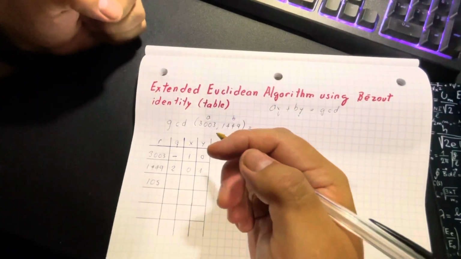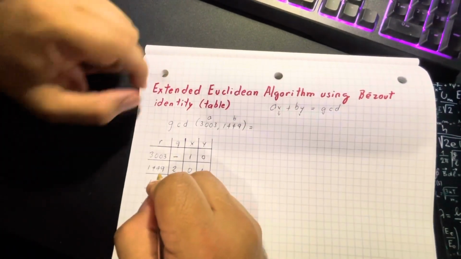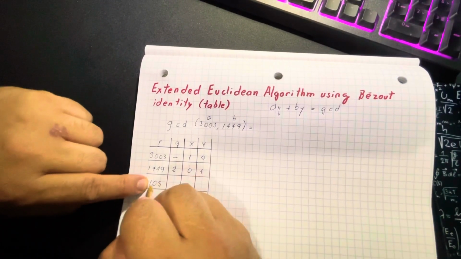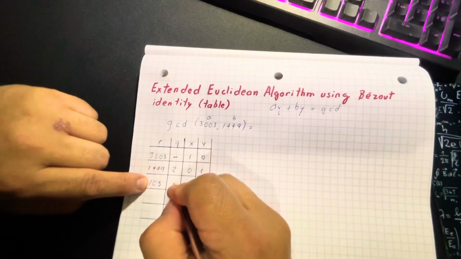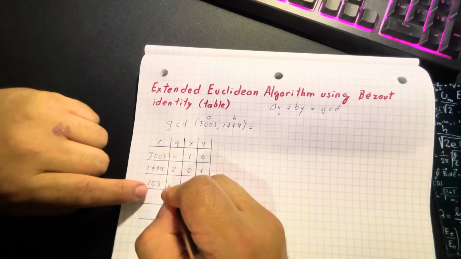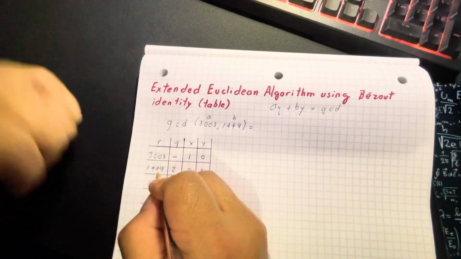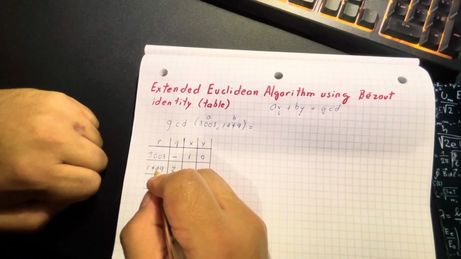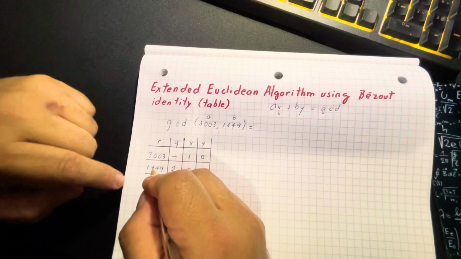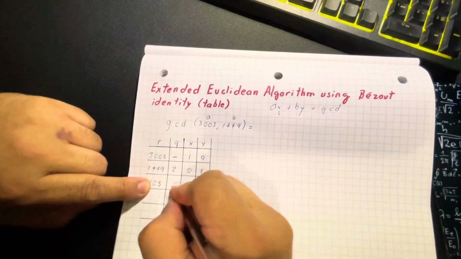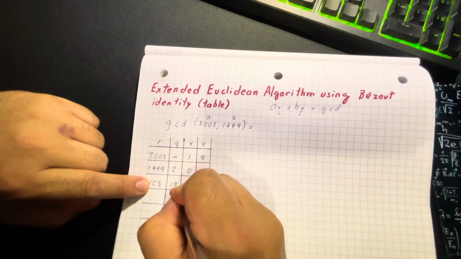So you have to keep on operating. The 105 you have to multiply with a number that can give you a number that is not gonna pass 1449. In this case, you can use 13, right?